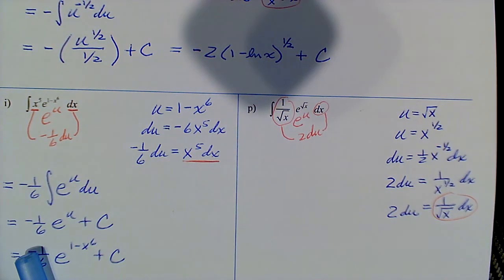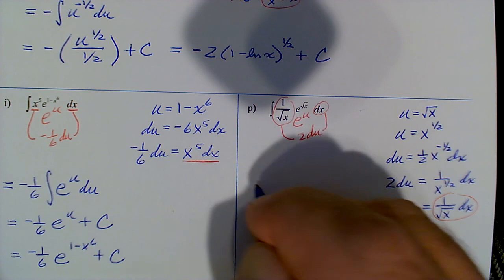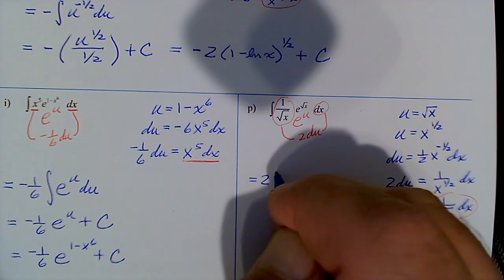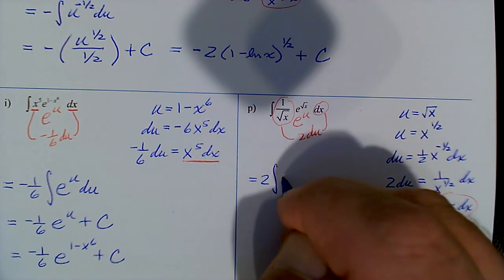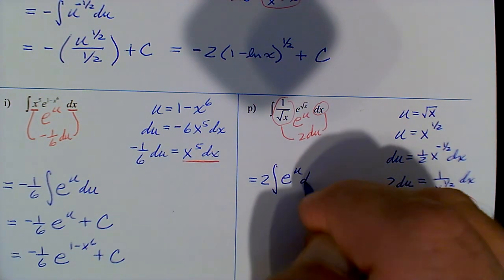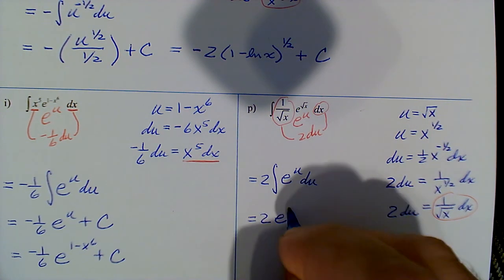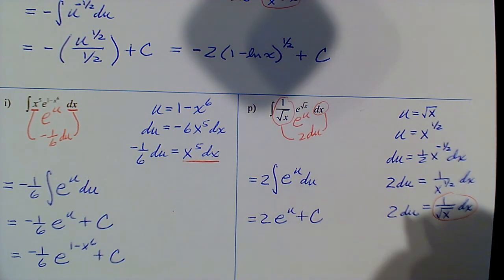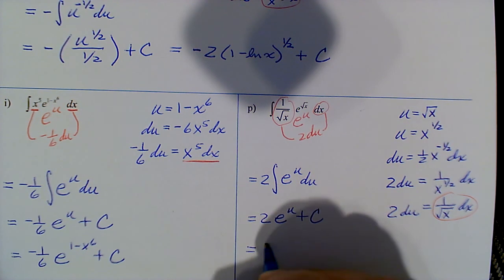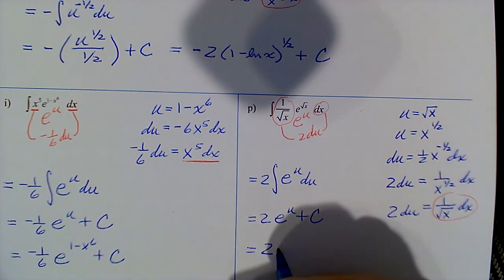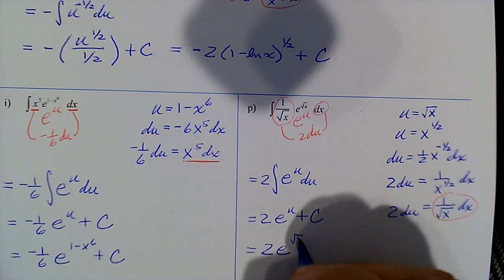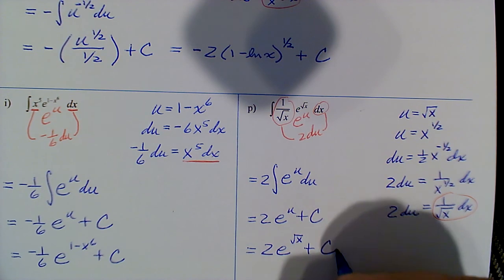So replace those factors by 2 du, and we'll make the change of variables, bring out the 2, and the basic formula once again is for e to the u with respect to u. And that integrates to be e to the u, so 2e to the u, add our constant at that point, and then finally back substitute, so 2e to the square root of x, and then plus our constant.